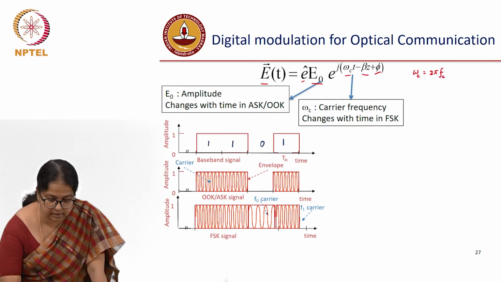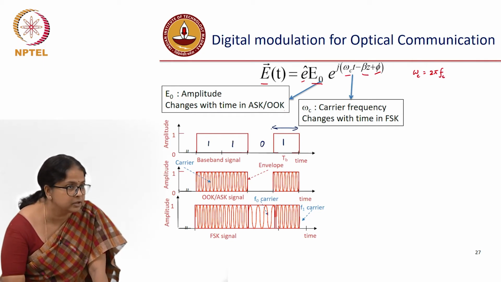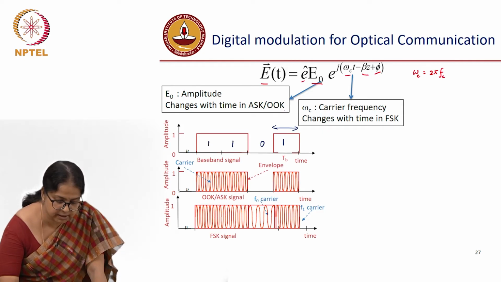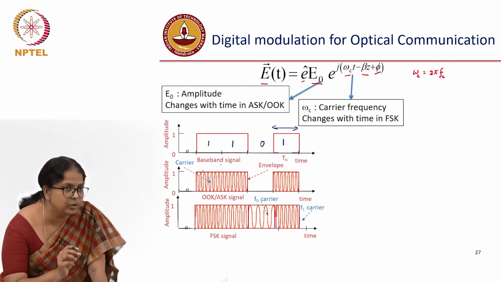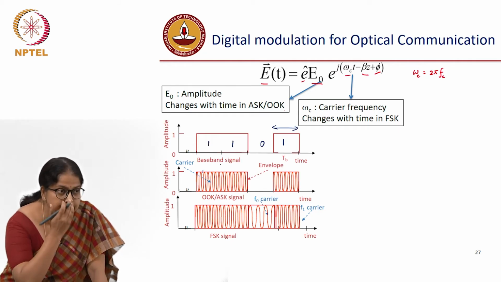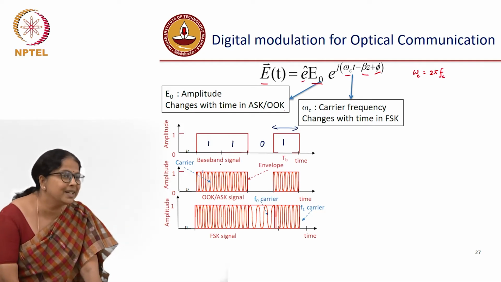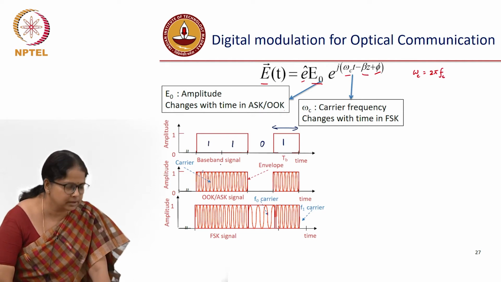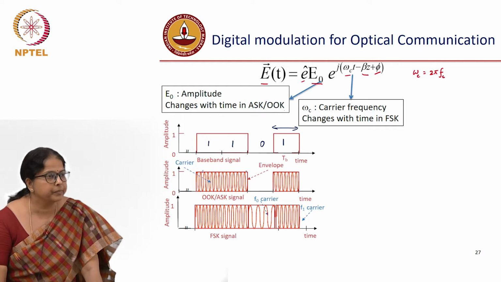So, this TB is the duration of 1 bit, which is your bit slot. This is not to scale. If you were to put it to scale, you would have multiple oscillations of this red within 1 bit slot. This is just for representative purposes. The carrier and the baseband time scales are not to scale with respect to each other, but this is what you would do in case of ASK.